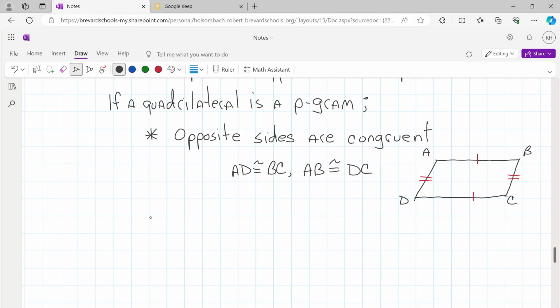Next, we have opposite angles are congruent.